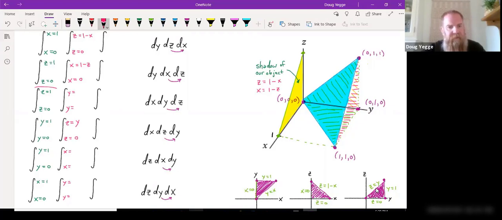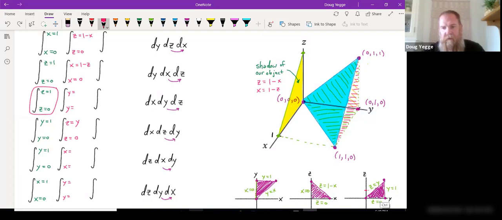This is saying as z changes from 0 to 1, if I were to pick one particular z value, like right here, how exactly would y change? Well, look at this. As y enters here and leaves here, I should be able to see that it's going to enter at y equals z, and it's going to leave at y equals 1.